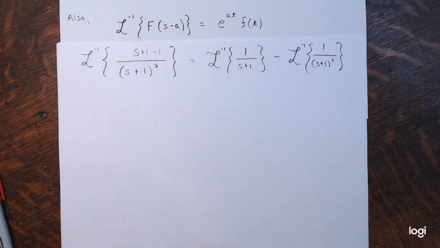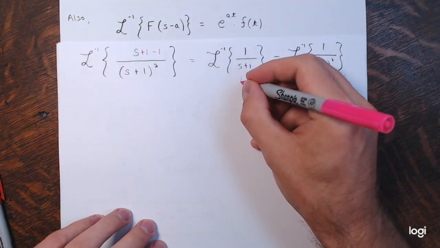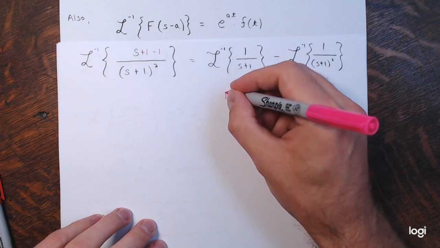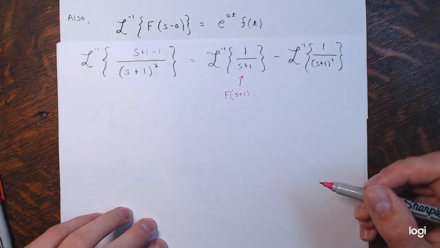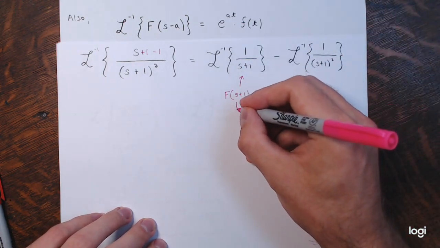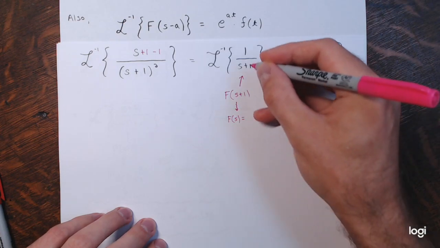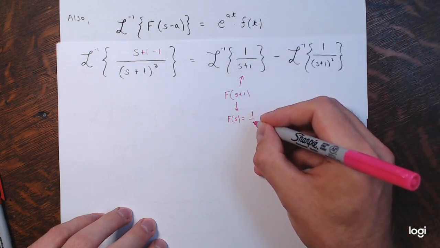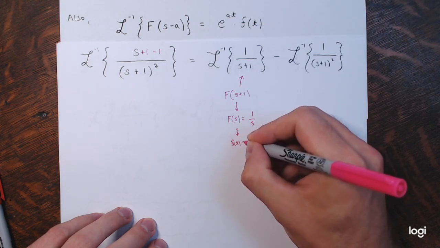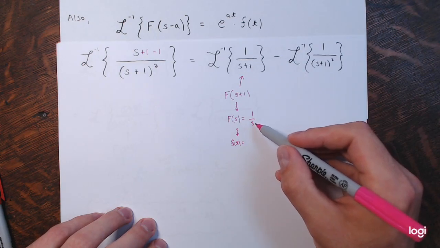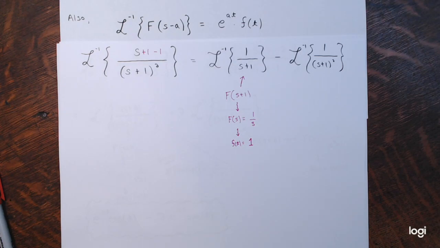Okay, now this first one, I'll do these in different colors. This is some function of s plus 1. I could say it's a function where s was replaced by s plus 1. Well, that means that capital F of s is just 1 over s. And that means that little f of t, remember the function with a Laplace transform of 1 over s, was just the number 1.